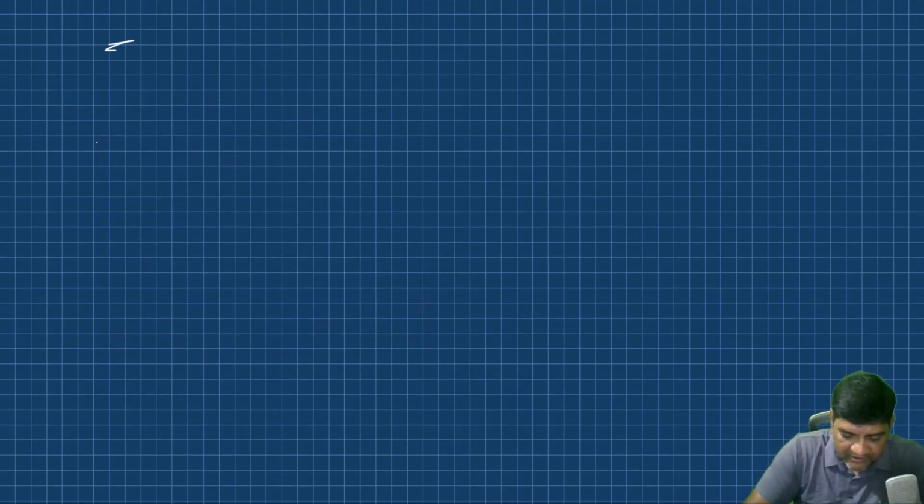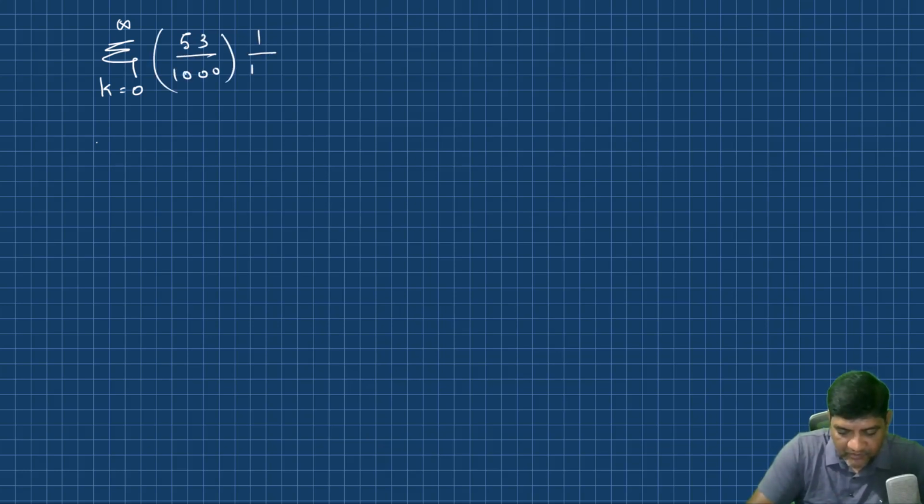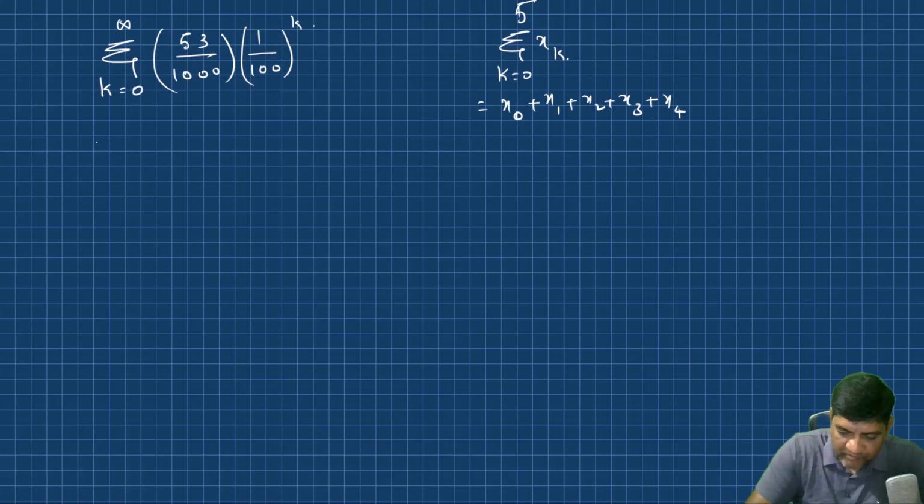So what we have here is the summation of k ranging from 0 to infinity, and then we have 53 by 1000, multiplied with 1 over 100 raised to the power of k. Understand this: when I say summation of x_k, let's say k ranging from 0 to 5, it would simply mean x0 plus x1 plus x2 plus x3 plus x4 plus x5.